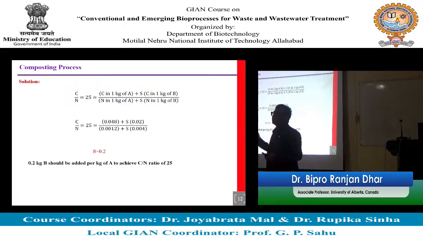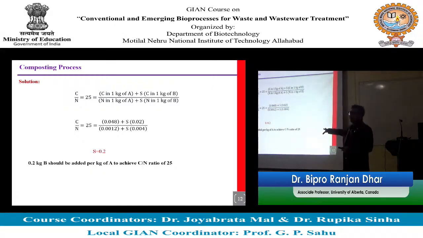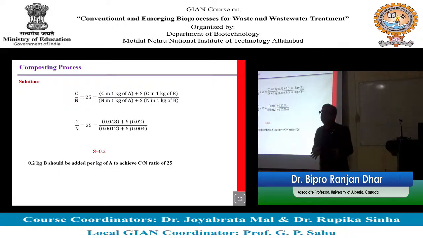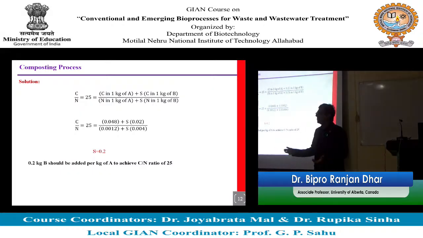You can use this same approach even for anaerobic digestion. That's why we covered this topic now in this composting chapter. We are not going to talk about this again in anaerobic digestion, but the optimum carbon to nitrogen ratio is almost the same, 30:1, because there is heterotrophic biomass in both processes.